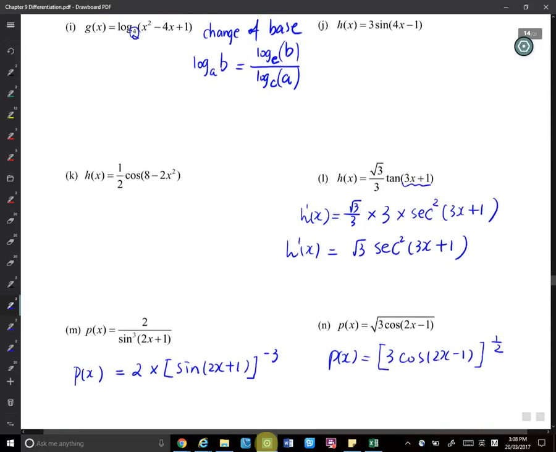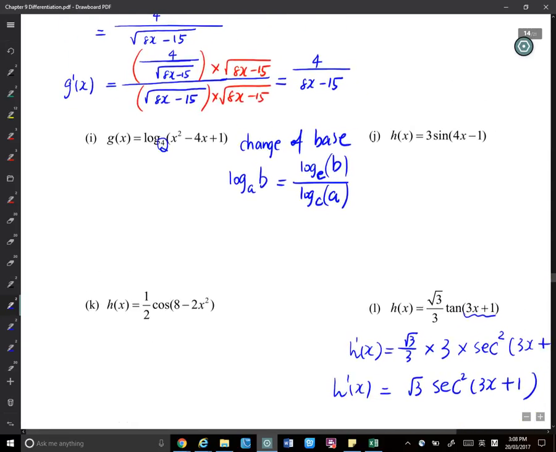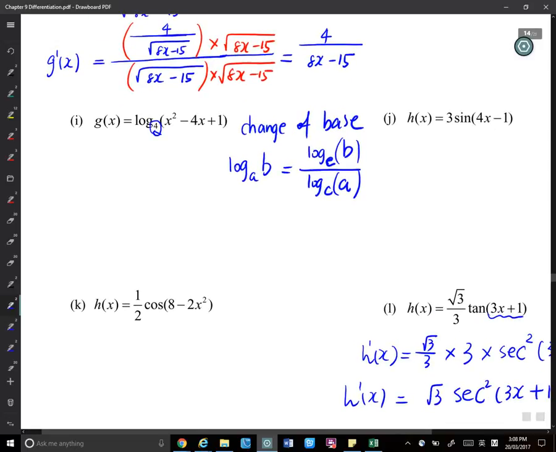For this one, what you do is put this into log e of x squared minus 4x plus 1, because that's the log c of b over log c of 4.